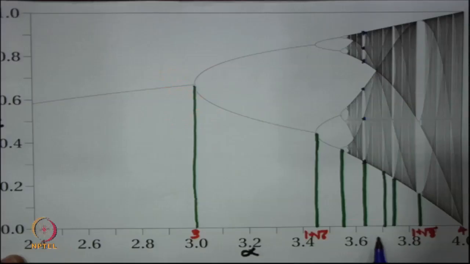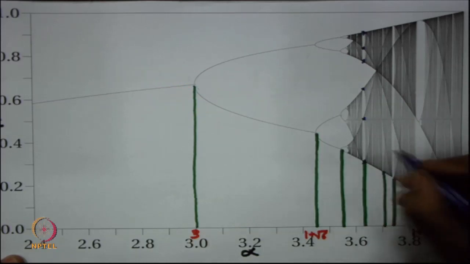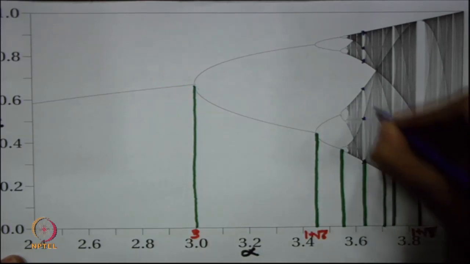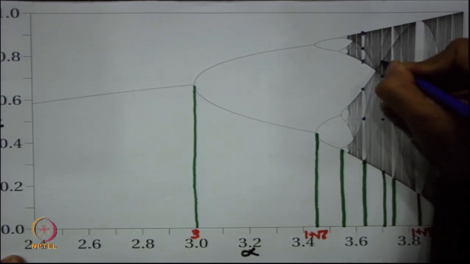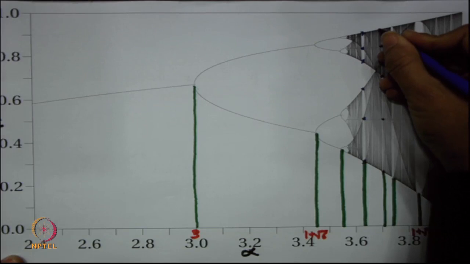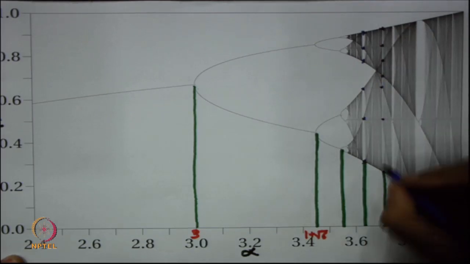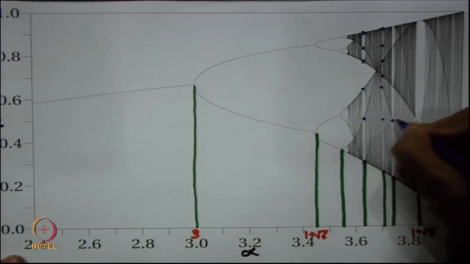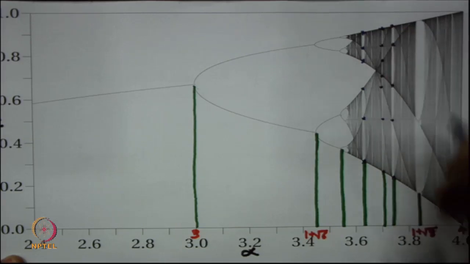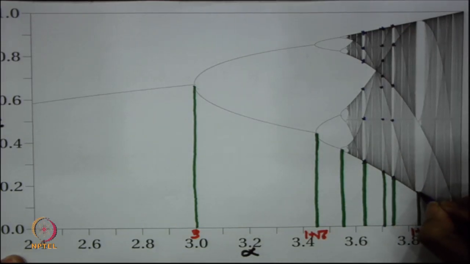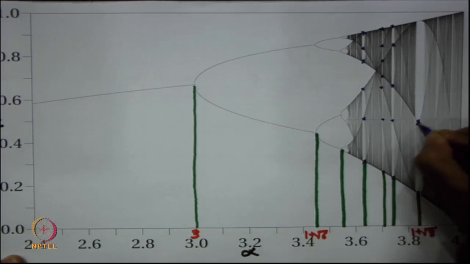So, they keep on being born till here, where you can find a periodic point of period say 7, whereas here you find a periodic point of period 5, and ultimately at 1 plus root 8 you find a periodic point of period 3.